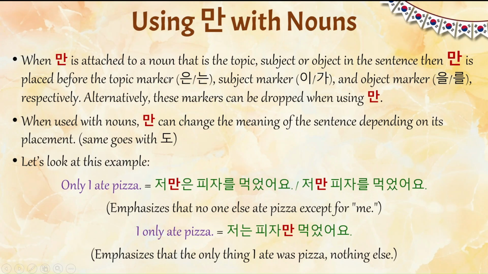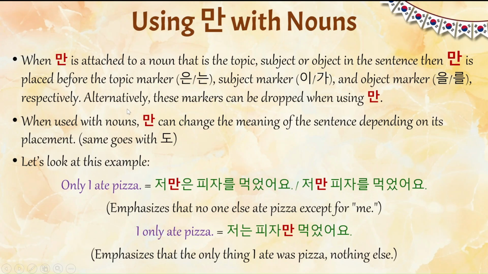If the noun is a subject in the sentence, then man comes just before the subject marker, i or ga. And if the noun is the object in the sentence, then man is placed before the object marker, eul or reul. This is the placement of man in case the noun is a topic, subject, or object in the sentence.